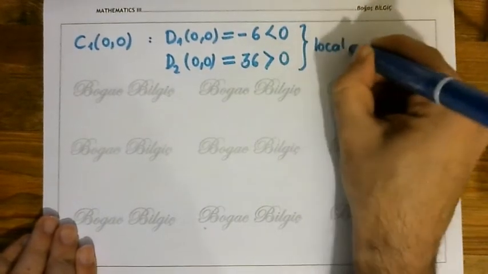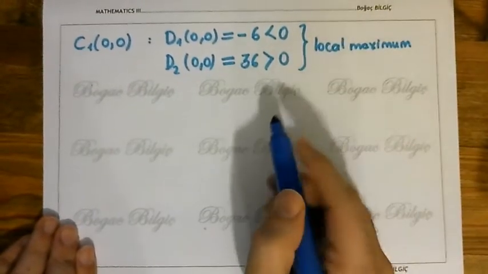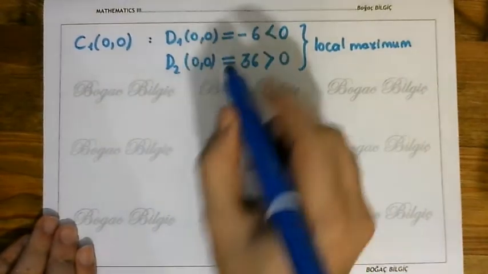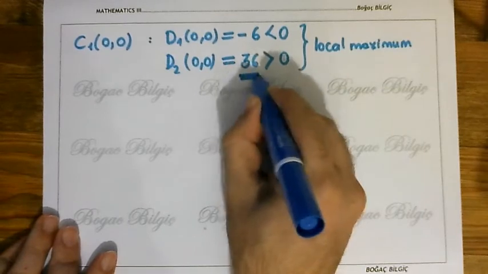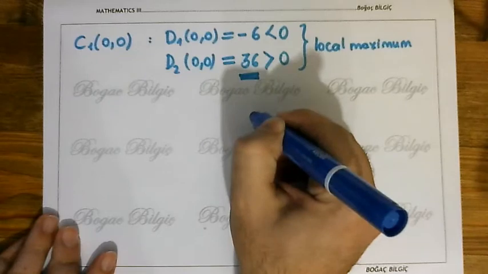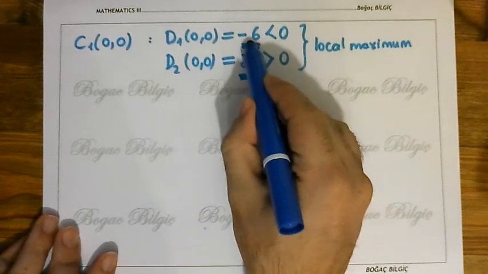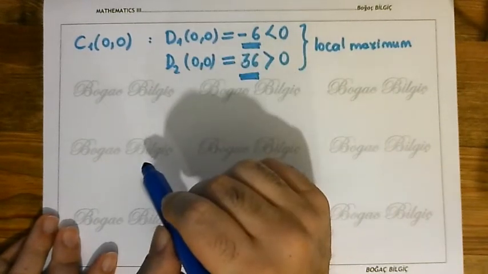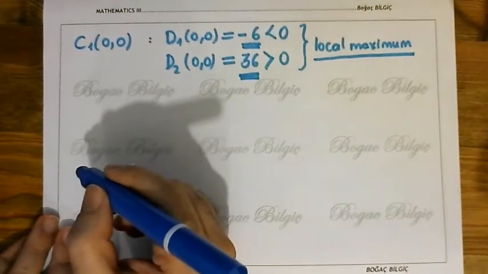Because D2 at point (0, 0) is positive, bigger than 0, and D1 is minus 6, smaller than 0. This is a local maximum.